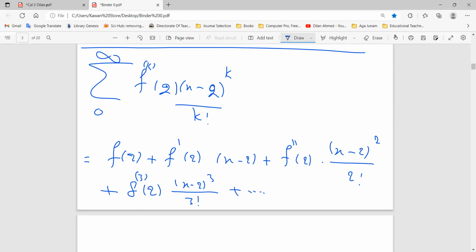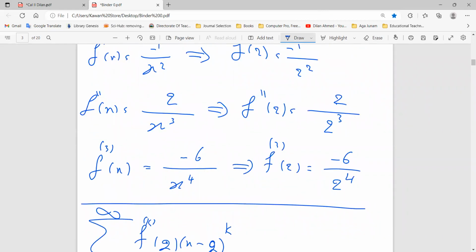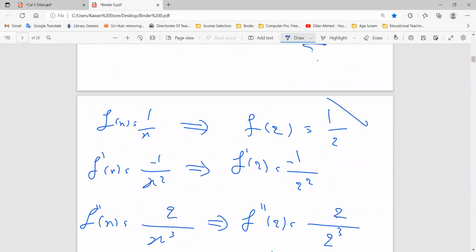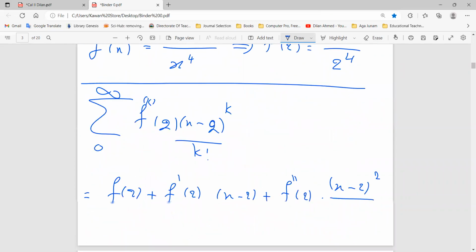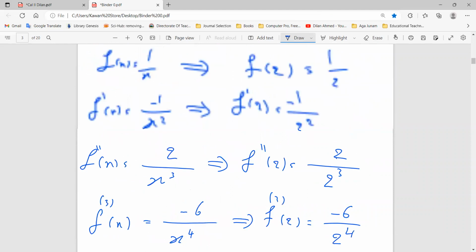Understood. Okay, let me substitute. f(2) is equal to what? So go and put every value here. Okay, 1/2 plus f' is equal to what? Look here.